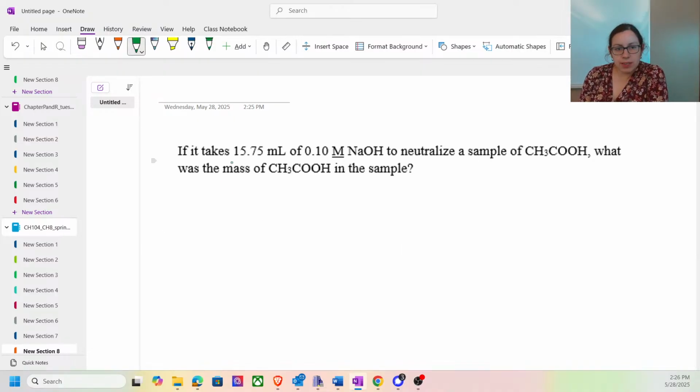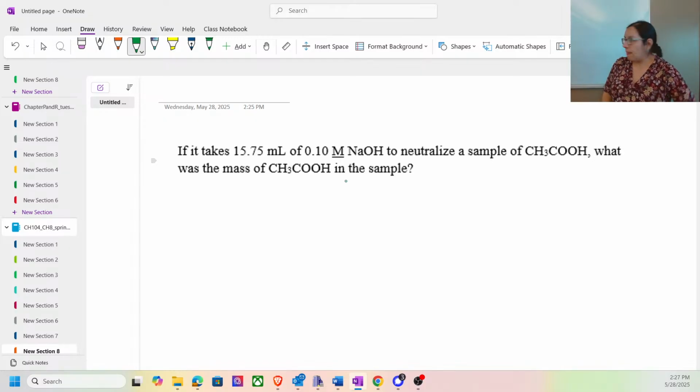It says if it takes 15.75 milliliters of a 0.1 molar sodium hydroxide solution to neutralize our vinegar sample, how much vinegar, because this is just acetic acid as vinegar, is in our sample?